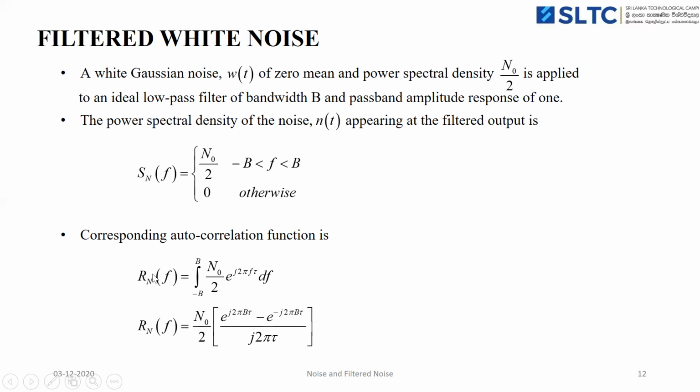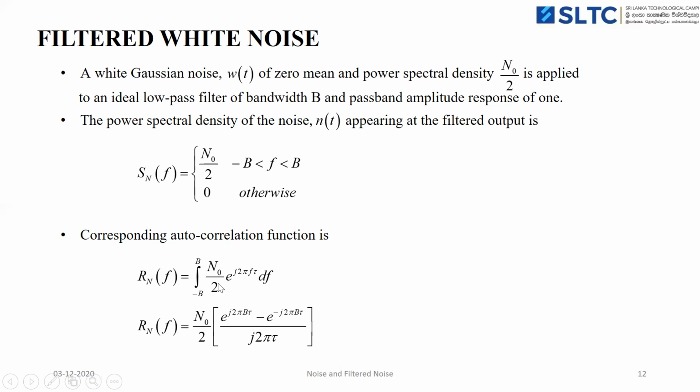We know the relation between the autocorrelation function and the power spectral density. The power spectral density is calculated by taking the Fourier transform of the autocorrelation function, but the autocorrelation function is calculated by taking the inverse Fourier transform of the power spectral density. That's why here we are applying the inverse Fourier transform.